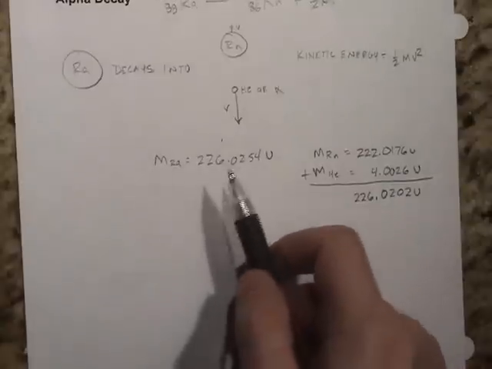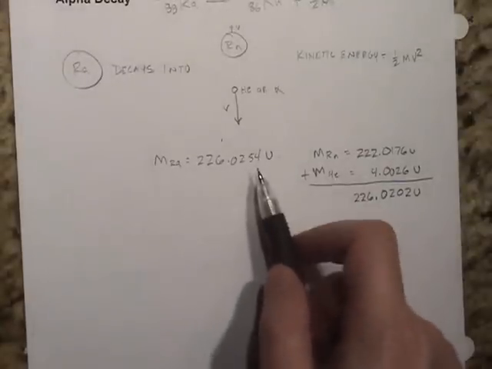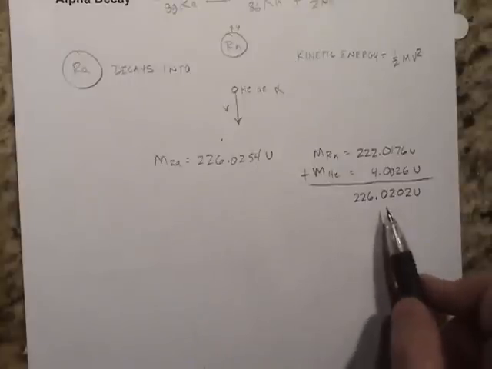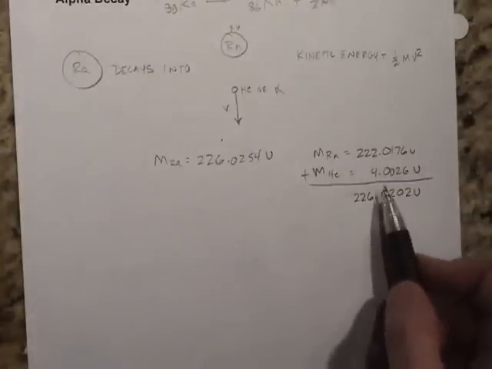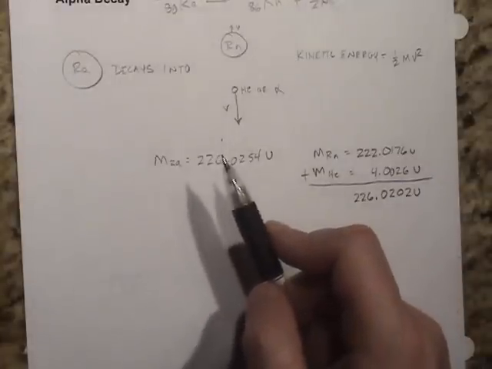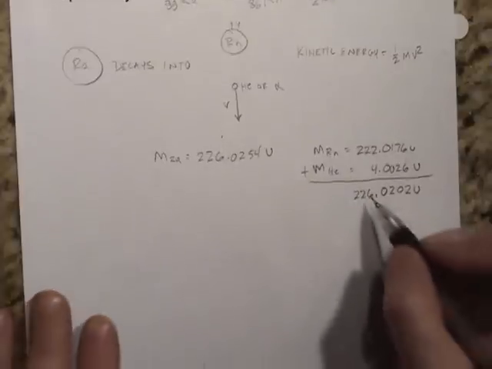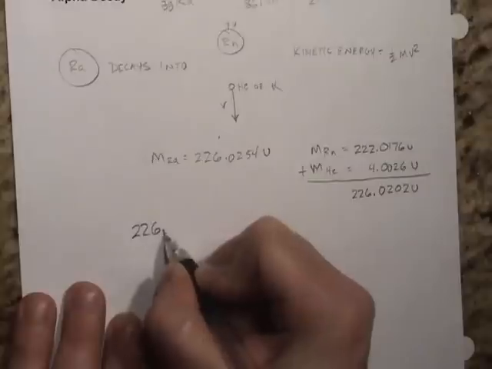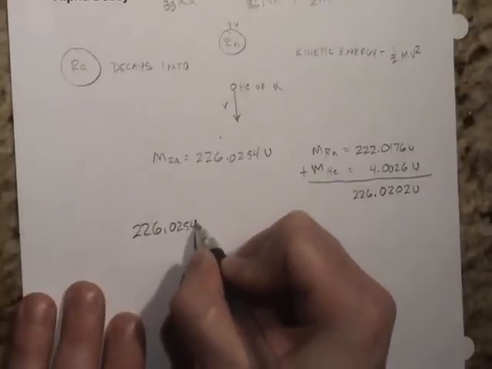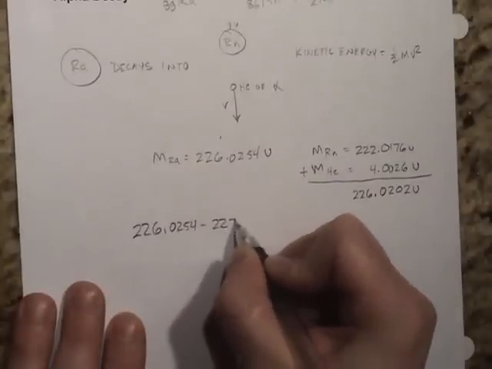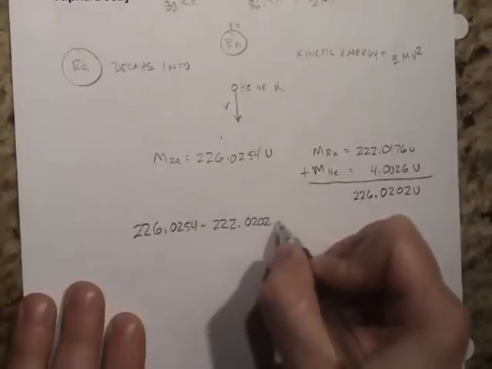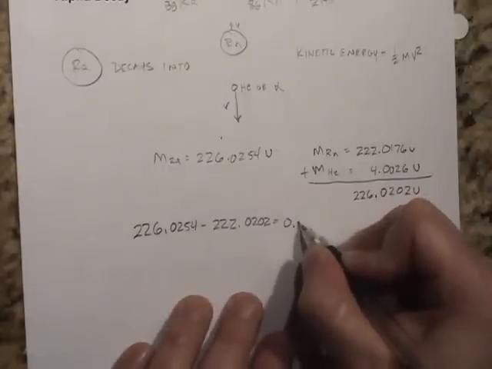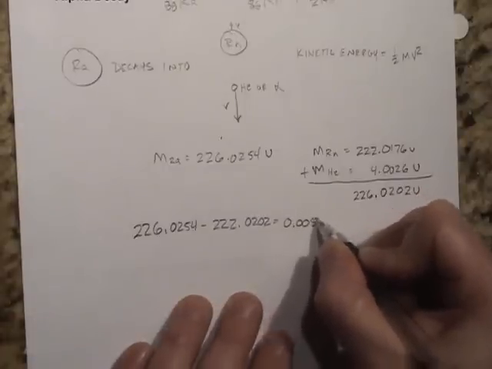Now, if we make a comparison between the mass of the two particles after the decay and the mass of the radium before the decay, you can see that the mass of the radium is slightly more. That turns out to produce a small amount of energy. Now, to see how much energy, I need to actually subtract. 226.0254 minus 226.0202 gives me a very small mass defect of 0.0052.